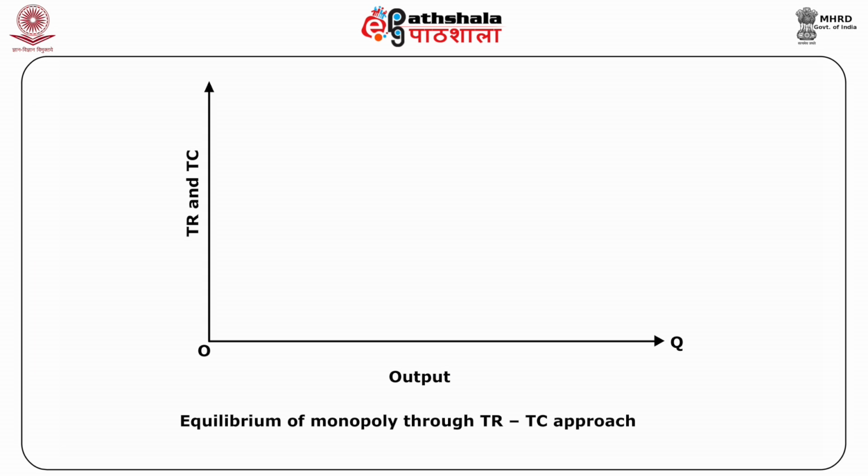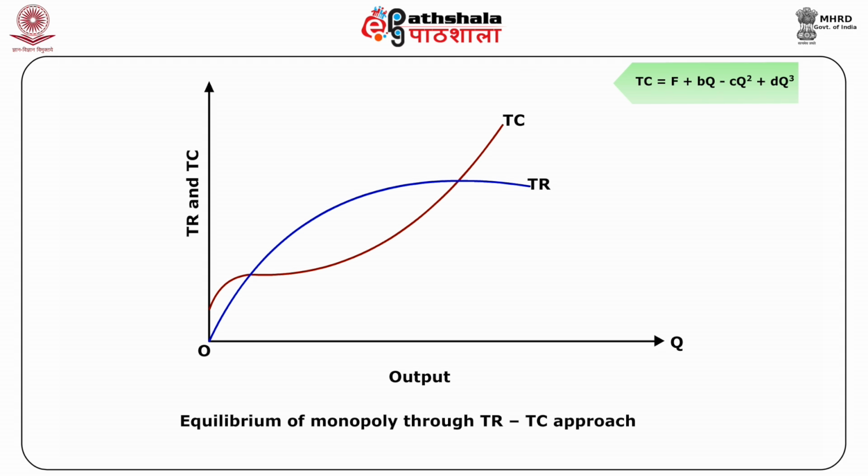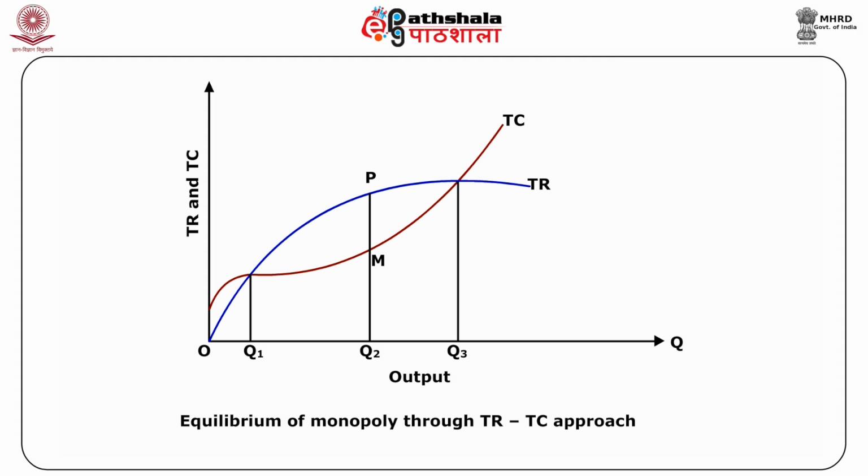For instance, in the figure, the firm faces a cubic TC function where TC is equal to F plus BQ minus CQ square plus DQ cube, where F is equal to fixed cost, and the demand function Q is equal to A minus BP. When we graph the TC function, we get a total cost curve.